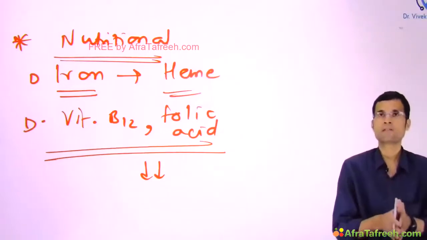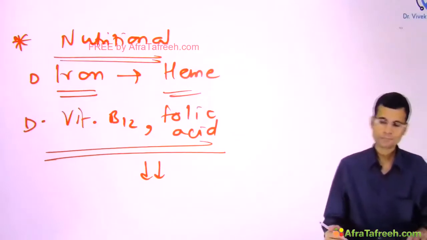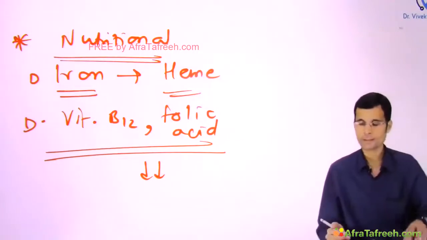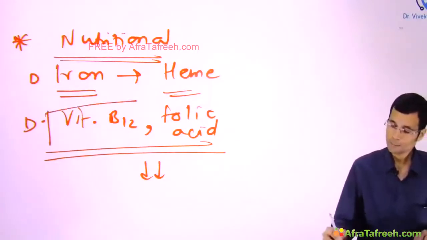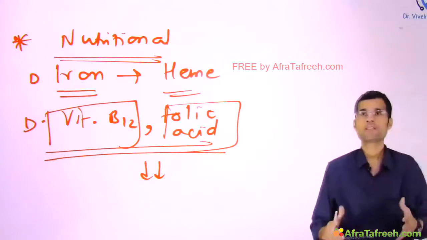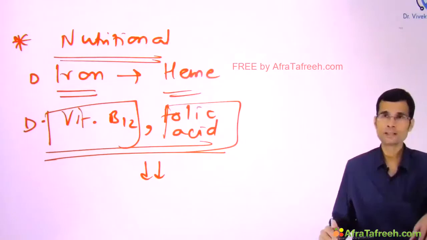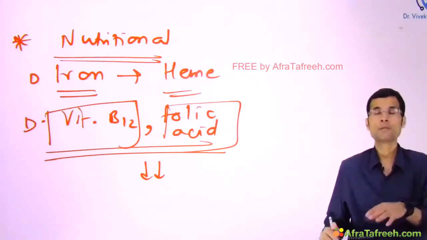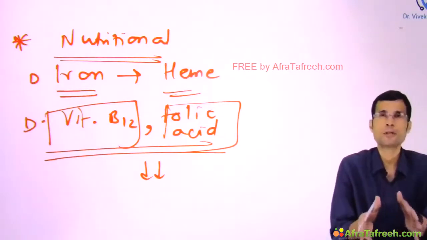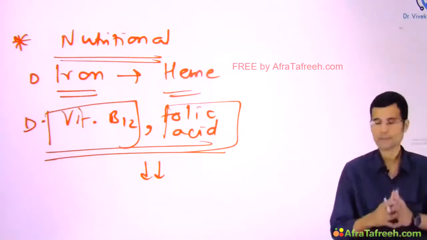I mean, this is the precursor of DNA, from which nuclear maturation will occur. So B12 and folic acid are needed for nuclear maturation in the RBC precursors, and therefore deficiency of B12 and folic acid would cause deficiency of DNA maturation, deficiency of nucleus formation, and if no nucleus is formed properly, then there will be no cell division. As we discussed previously, there are two processes going on simultaneously, cell division and cell maturation, when erythropoiesis is happening.